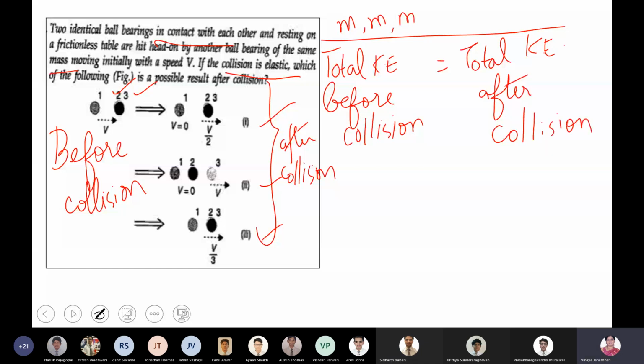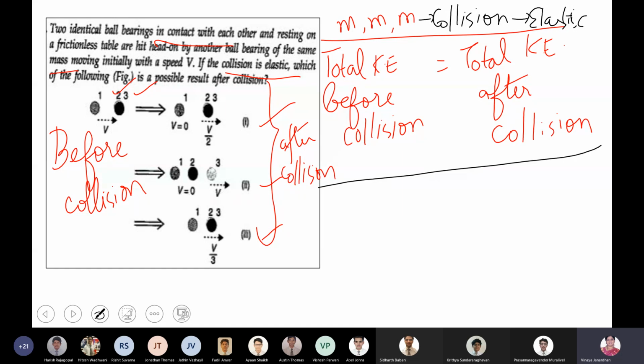So the total kinetic energy before collision must be equal to the total kinetic energy after collision, for the collision to be elastic. Elastic means there is no loss of energy. Is that clear, boys? Yes, ma'am.